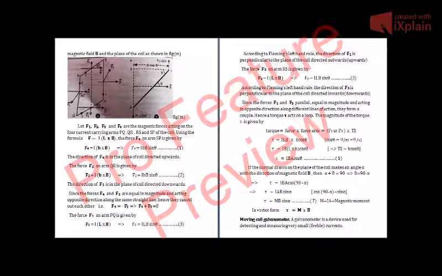The magnitude of the torque tau is given by definition. By definition, you might have read about it in class 11th, torque tau is equal to force into force arm. What is force arm? Force arm is the perpendicular distance between the two parallel forces. We can take either of the two forces because F1 and F3 are equal in magnitude.